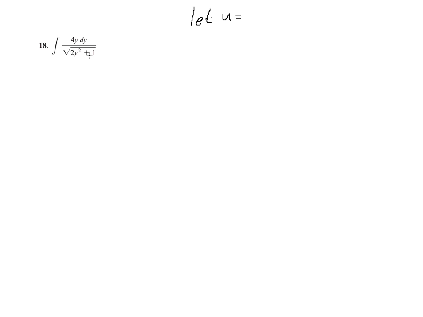to is something we can set u to, that when we take the derivative of it, that derivative is present somewhere else in the integral expression.